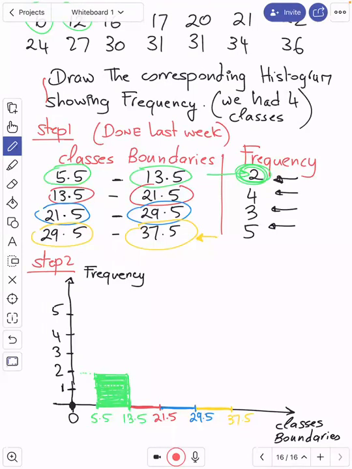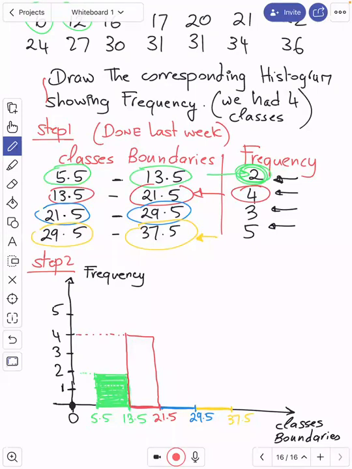Now, for my second class, the frequency is 4. I'm going to use red for the second class. I'm going to draw a rectangle over this red interval, and its height is 4, because the frequency of my second class is 4.